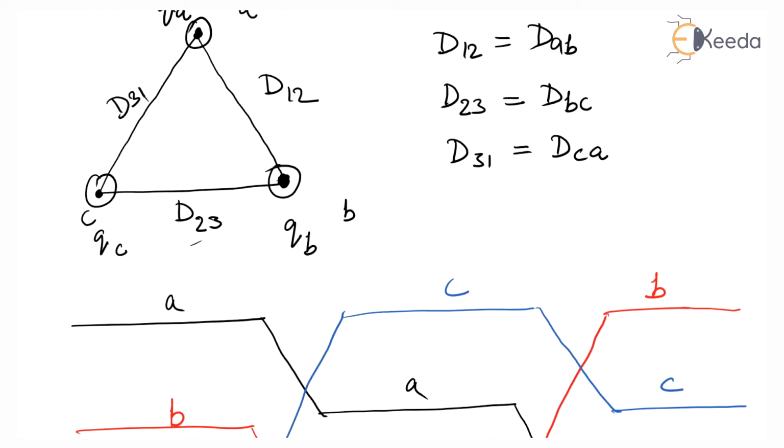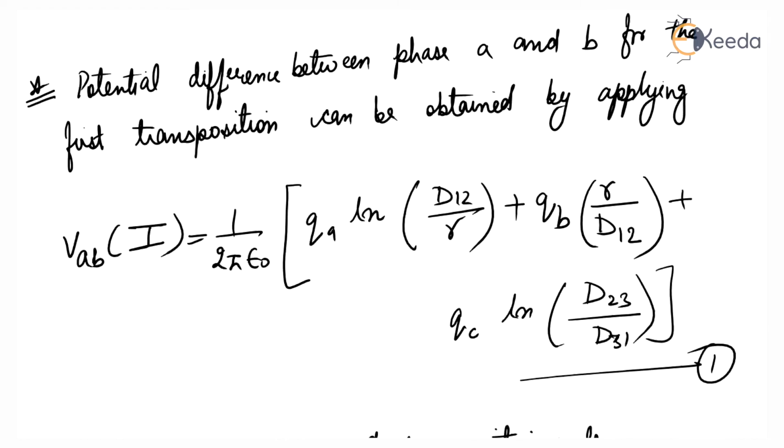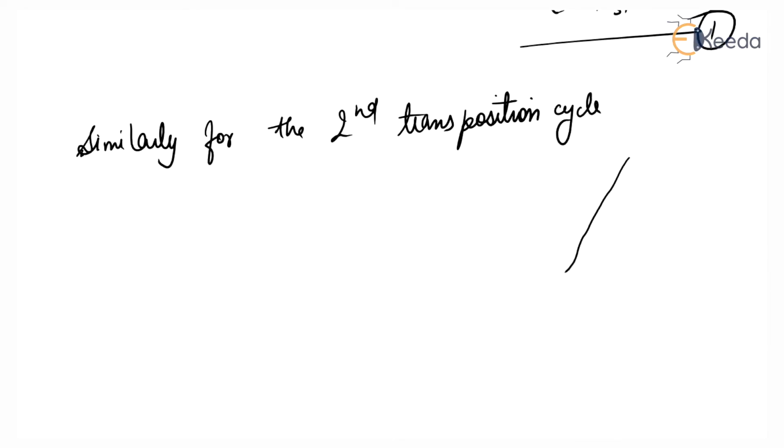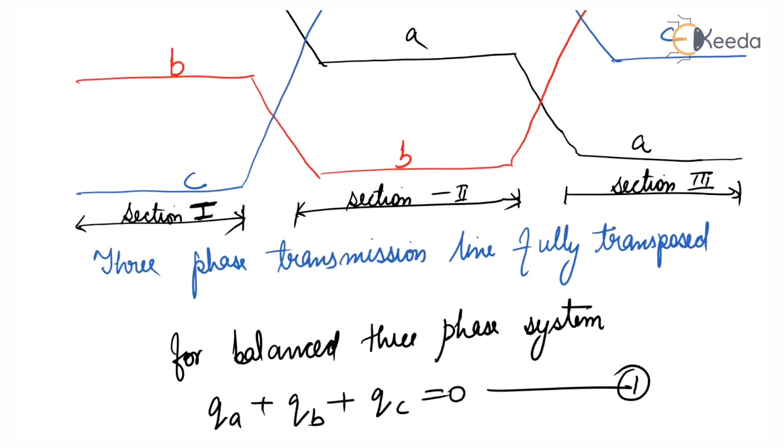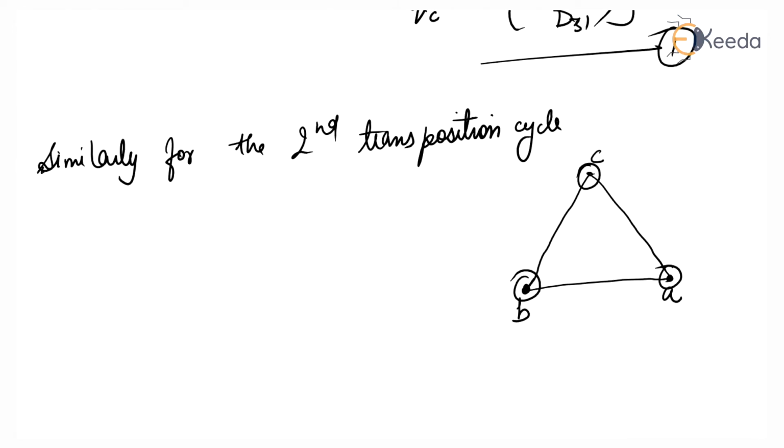So draw this diagram for CAB, it rotates clockwise from ABC to CAB, and the distances are D12, D23 and D31.